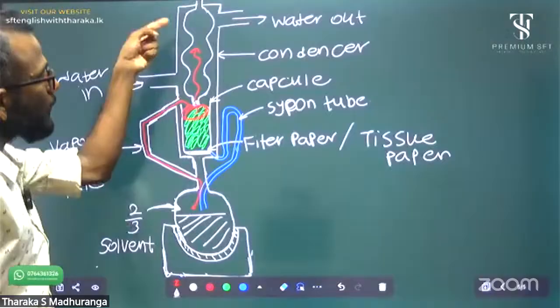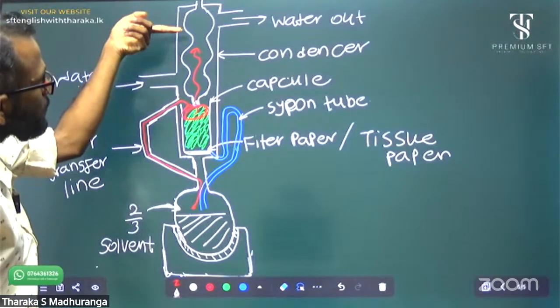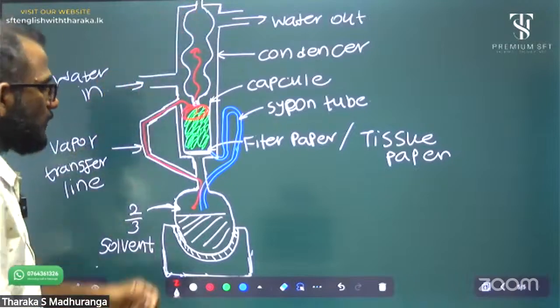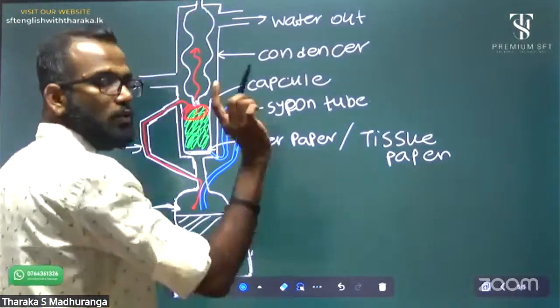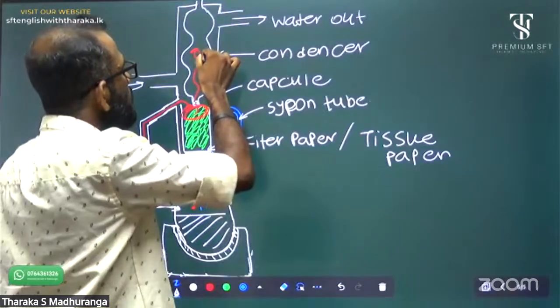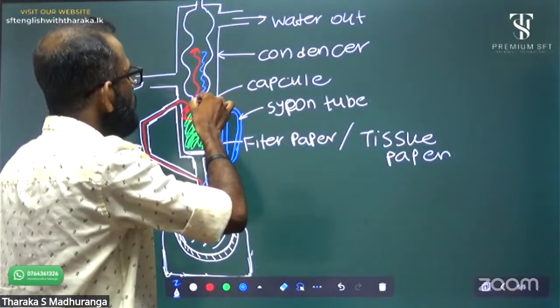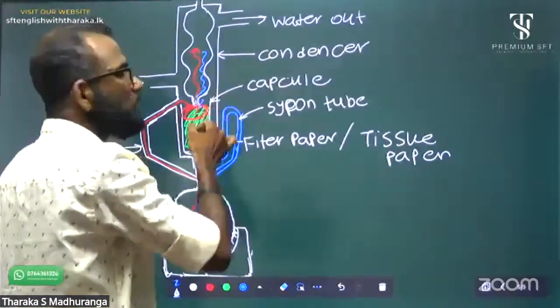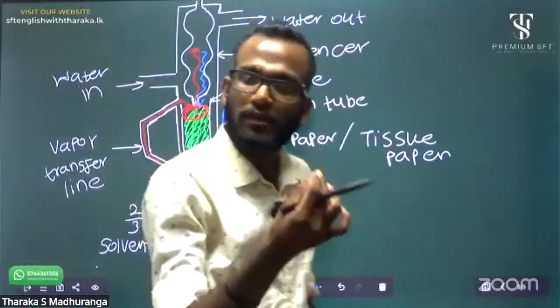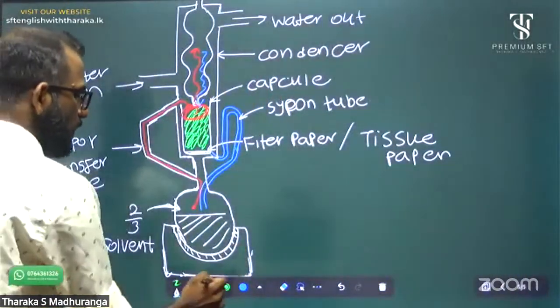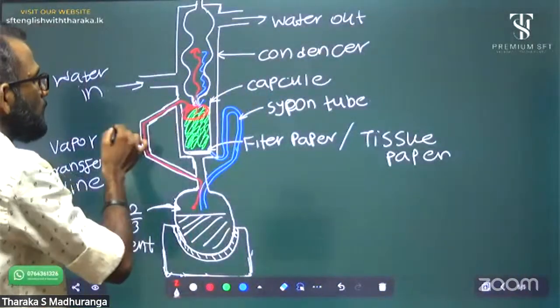Condensation. In the condensation process, solvent vapors again convert into liquid. I will draw liquids in blue color. Then the solvent liquids flow downward and collect. The red color is solvent vapor, right?